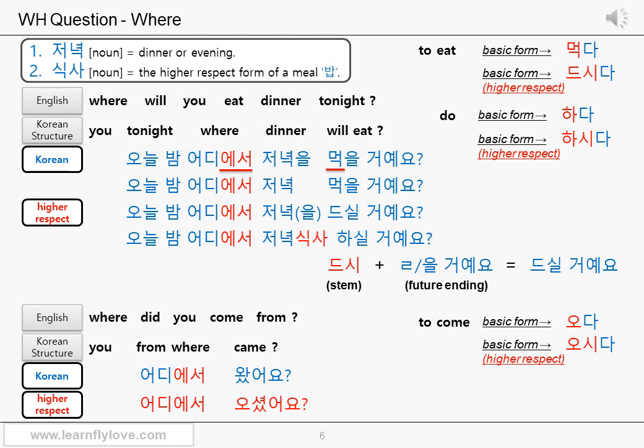Or you can use the question, where is your hometown in Korean too, to ask where you're from. Since this is not very clear, we don't recommend you to use where did you come from to ask where are you from. We recommend you to use where is your hometown or what country did you come from that we are going to learn in lesson 5 part 5. Anyway, let's learn how to say where did you come from since we started already.